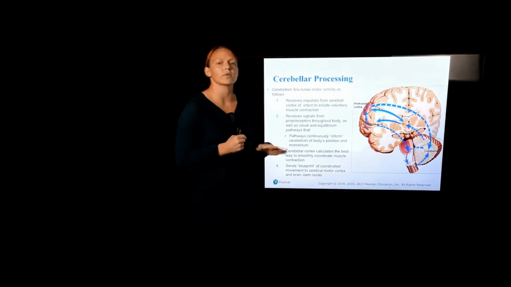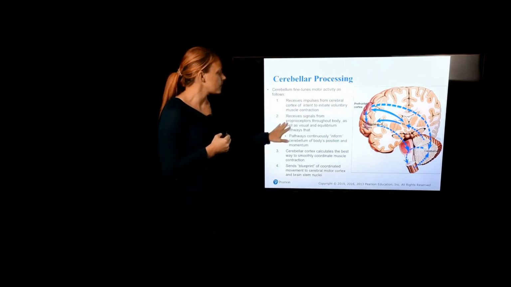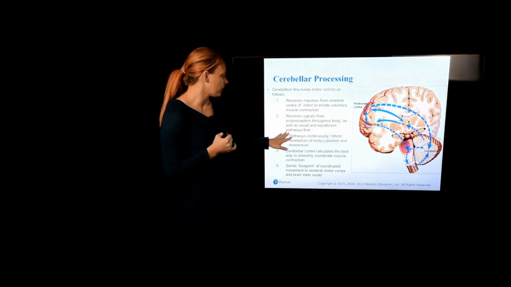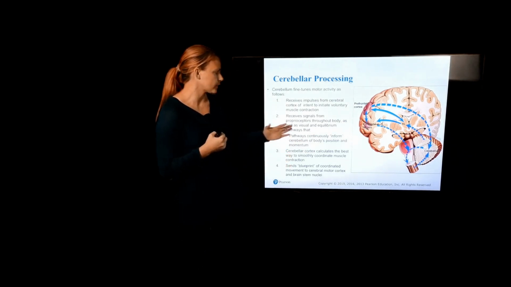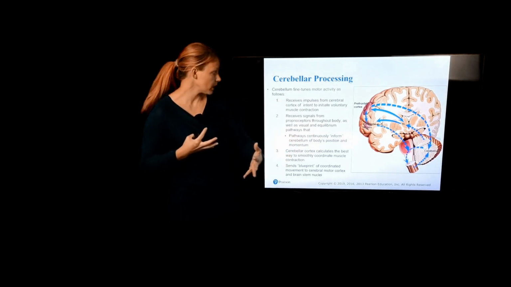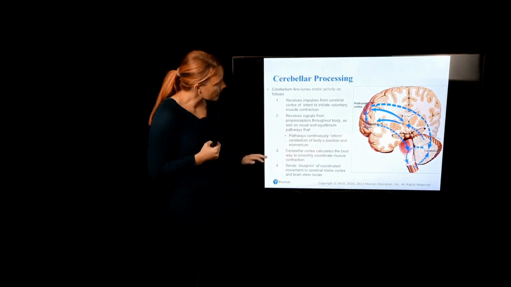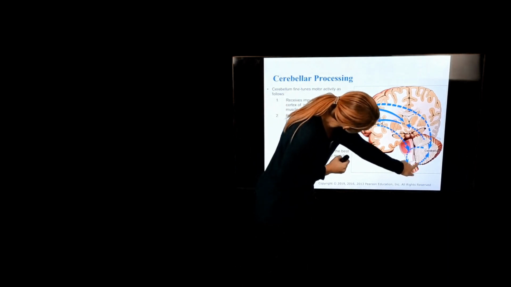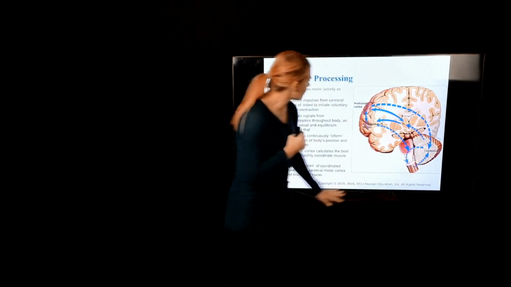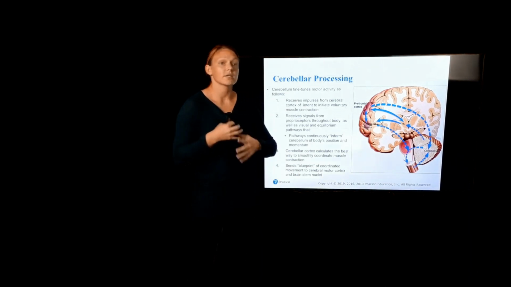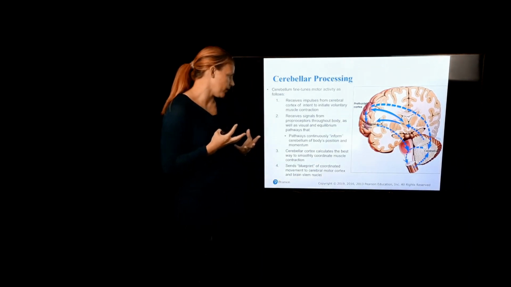It's also going to be receiving signals from the proprioceptors throughout the body, as well as visual and equilibrium pathways. Pathways that continuously inform the cerebellum of the body's position and momentum. So that's what you're seeing coming in right here in this little dashed line. Those are more signals coming in from those proprioceptors. So the cerebellum is receiving that input.